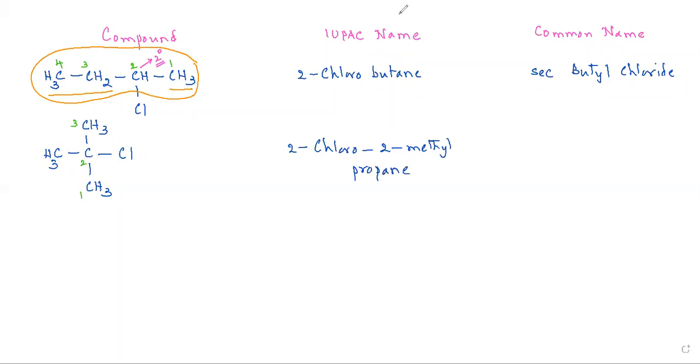And this arrangement is called a tertiary arrangement. Tertiary butyl chloride. Now this is a 3-degree or a tertiary alkyl halide.